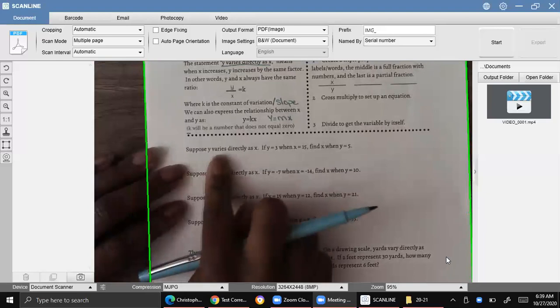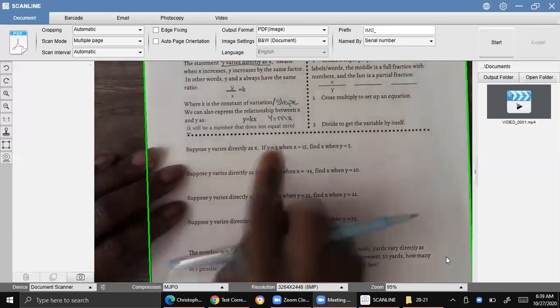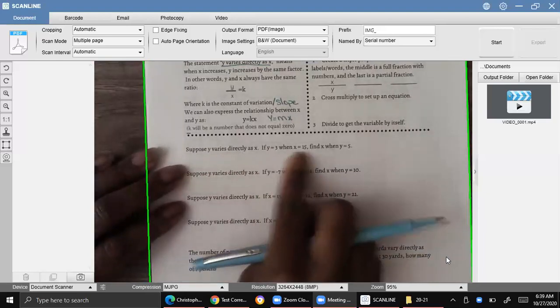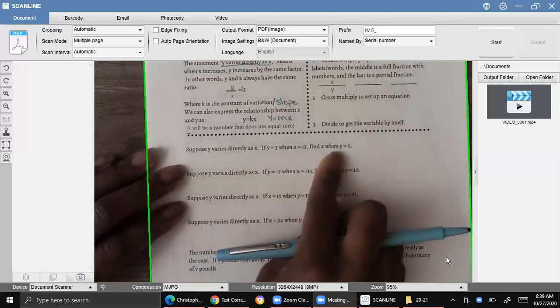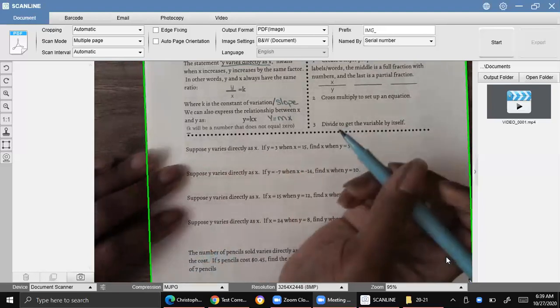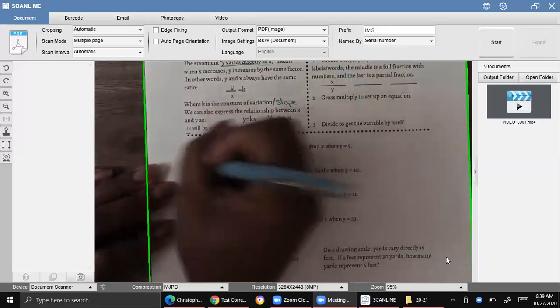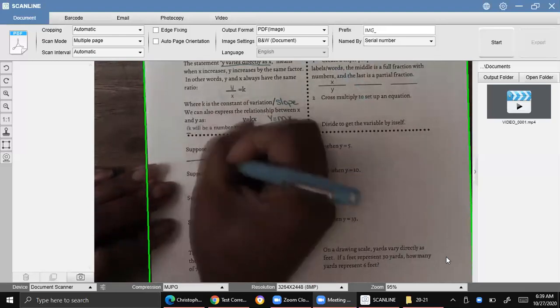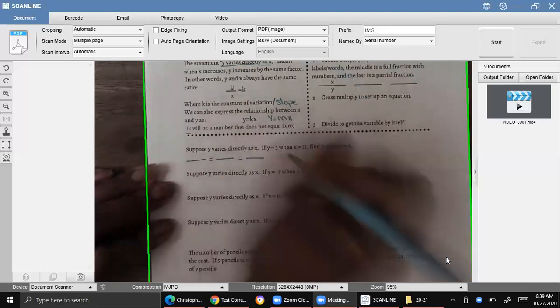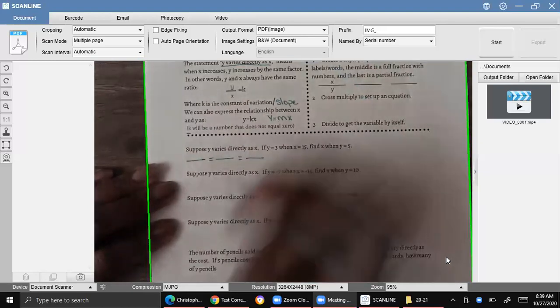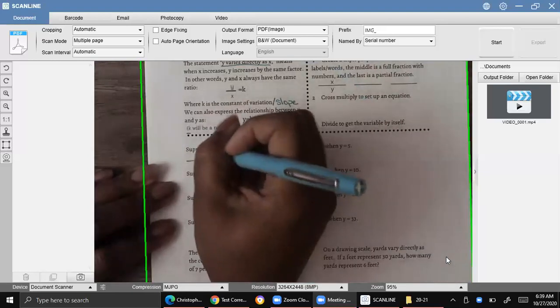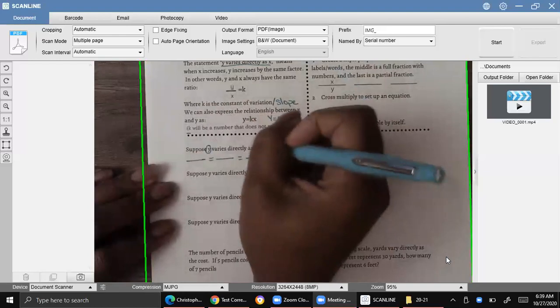Step 1 says, suppose y varies directly as x. If y is 3 when x is 15, find x when y is 5. So what we are going to do is first set up our triple proportion. So fraction equals fraction equals fraction. Okay, we're going to create our labels. So the two things we're comparing is y and x.